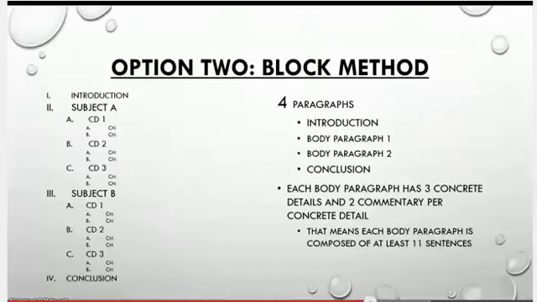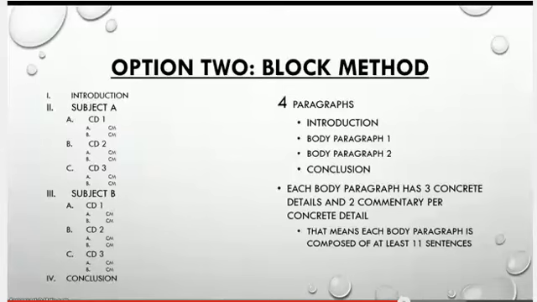However, you still need 2 commentary per concrete detail. So in that sense, they are both the same. The only difference is that because you only have 2 body paragraphs, you will be eliminating 1 topic sentence and 1 concluding sentence. So technically, the block method is 2 sentences shorter than the point by point. But again, the main work, right, with the body paragraphs and concrete details of commentary, that remains the same.